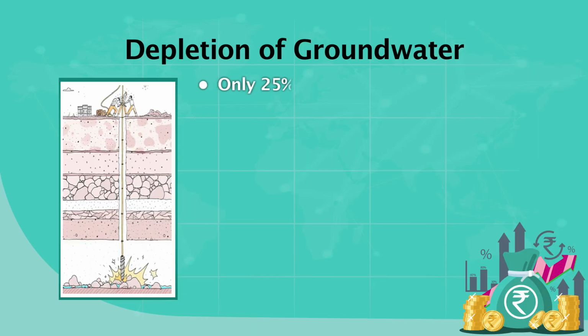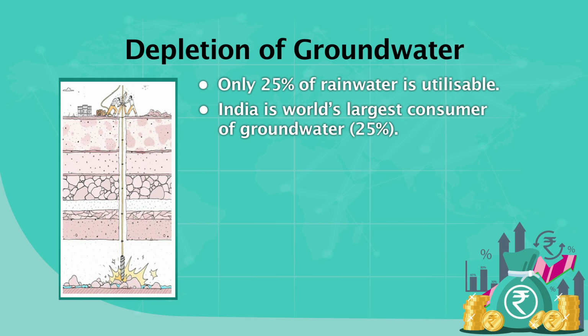See, this groundwater is getting recharged by the rains. Okay. So, if you look at the total amount of groundwater that we get in the whole world, 25% of rainwater only is used, because the rest of the water is going to the oceans. And if you look at the consumption of the groundwater, India is the largest consumer of groundwater.